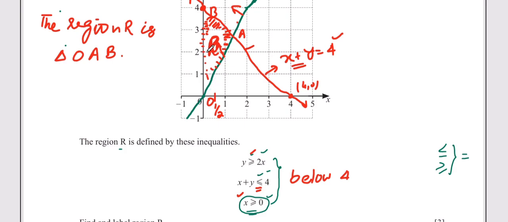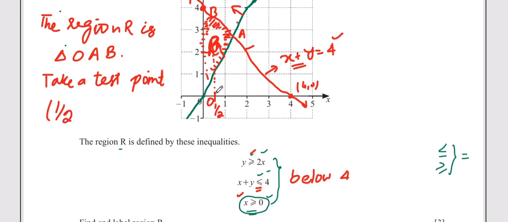Here y is equal to 2, and this is my x is equal to 1 by 2. So take a test point to check whether we have correctly found the region R. This test point must lie in this region.